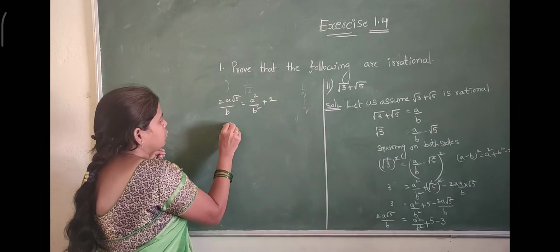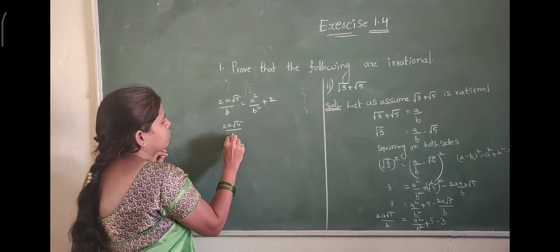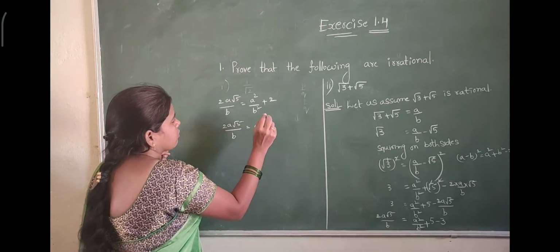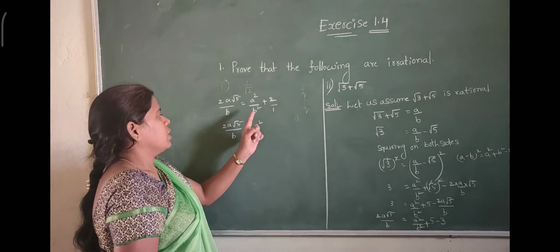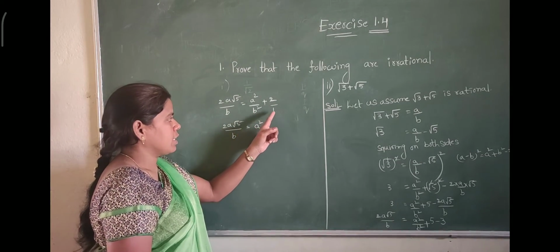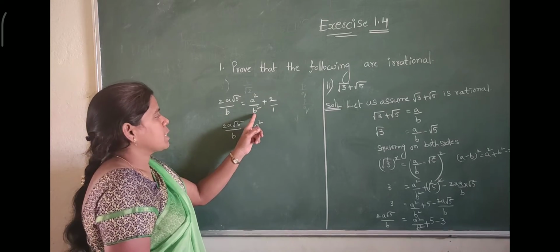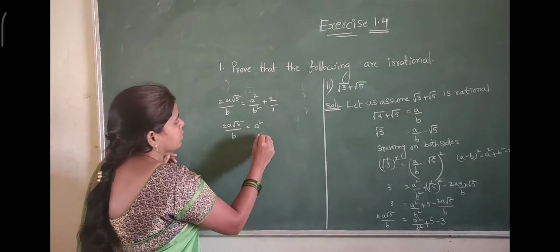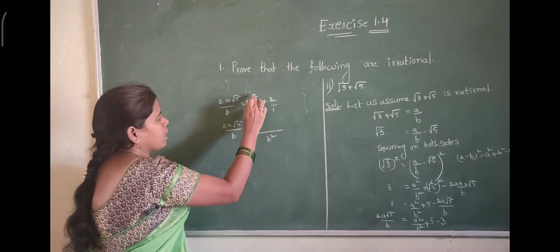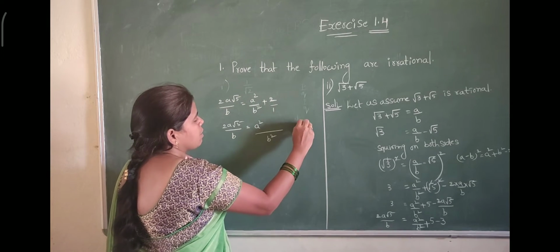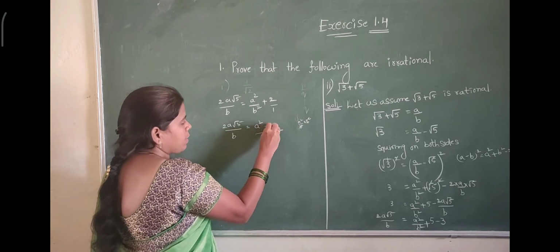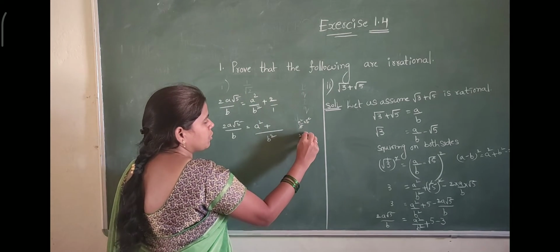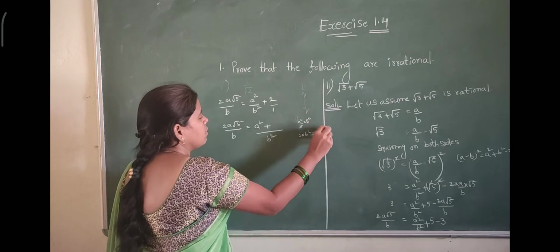Okay, 2a root 5 by b is equal to a square by b square plus 2. If you observe the denominators of these two, there is b square, and there is no denominator for the second. So, the LCM of b square and 1 is b square. If you multiply the first term, a square by b square into b square cancels, we get a square, plus the second term 2 into b square is 2b square.